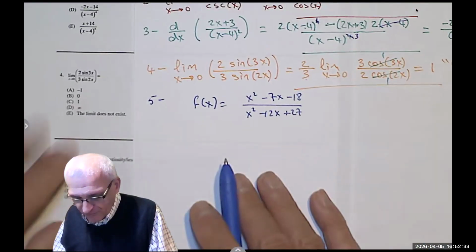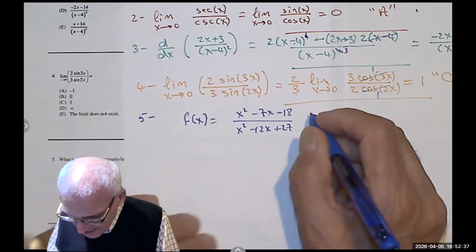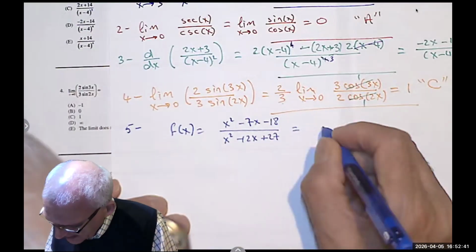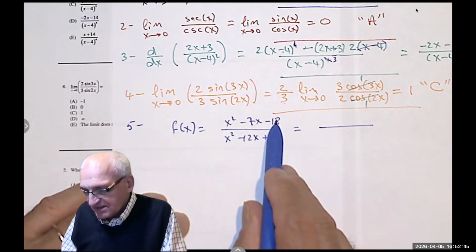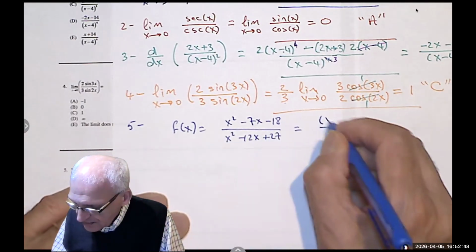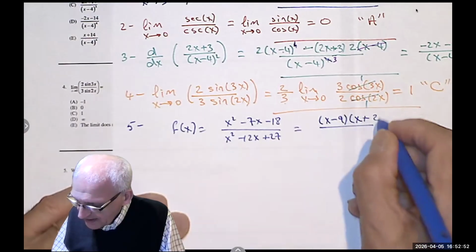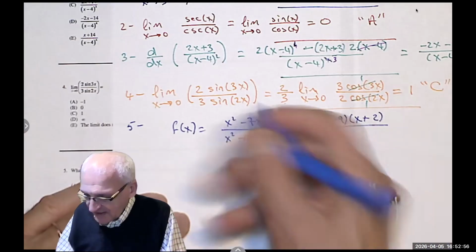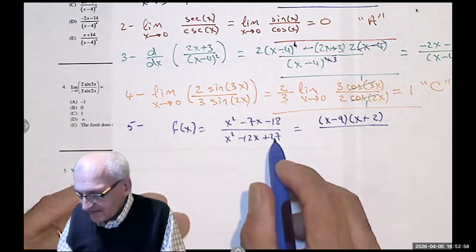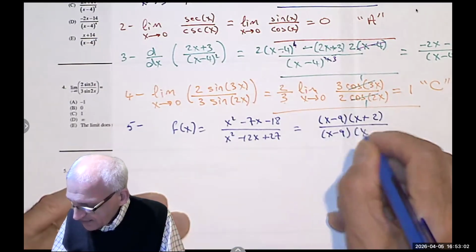Okay, so f of x, I can write it as, you see here, negative 9 times positive 2 will give me negative 7x, and 27 is 9 times 3, so x minus 9, x minus 3.